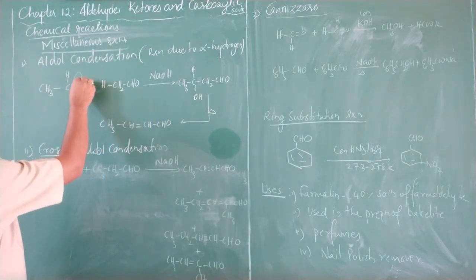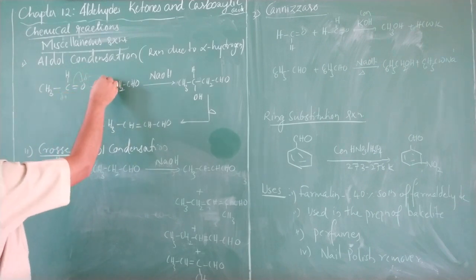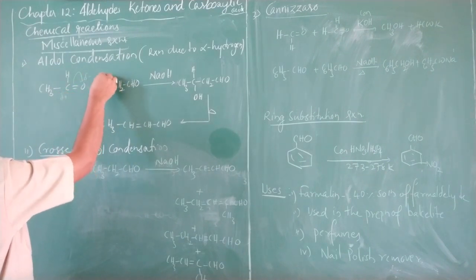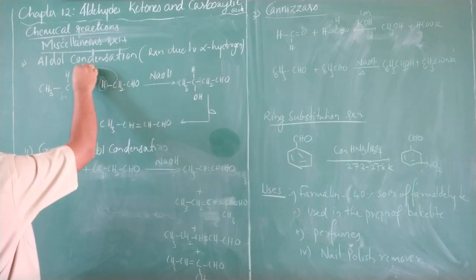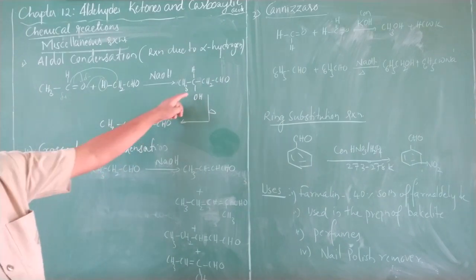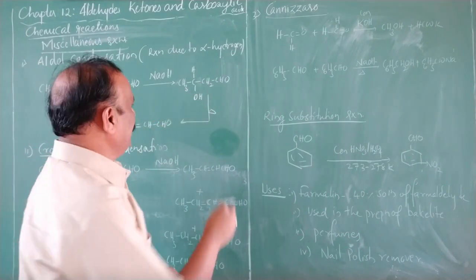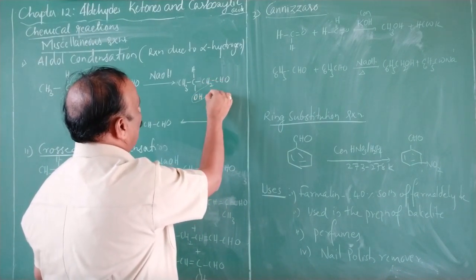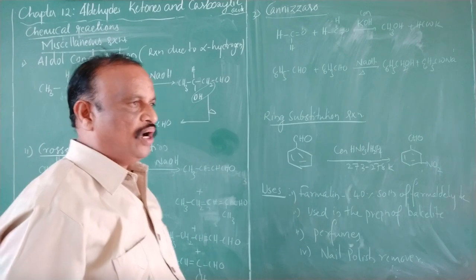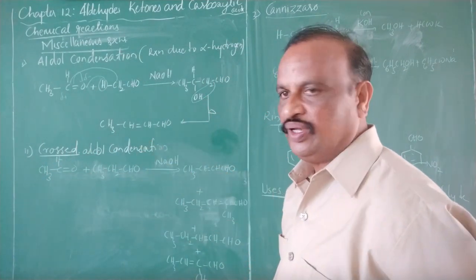This undergoes an electromeric effect, develops a slightly negative charge, and this develops a slightly positive charge. So the hydrogen of this is going to link to this, and the CH2 part is going to link to this carbon, so that you will get this compound. On heating, the hydrogen and the OH are eliminated as a molecule of water, and you are going to get the condensation product here.